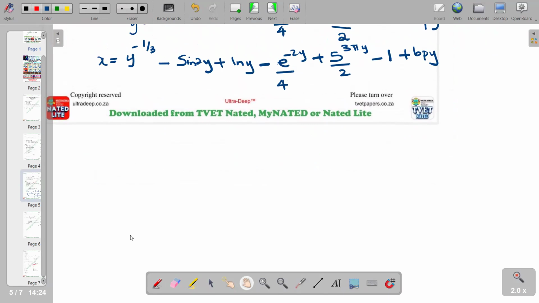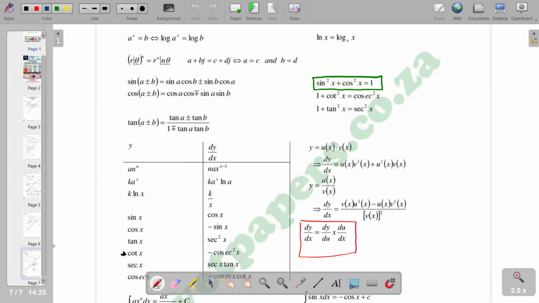So dx/dy will be equal to, if we take this term as it is, applying the rules, it means we are going to apply this rule here.